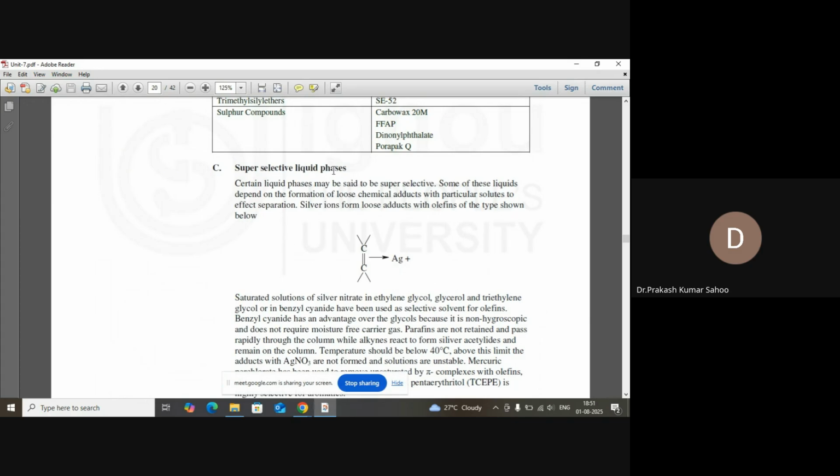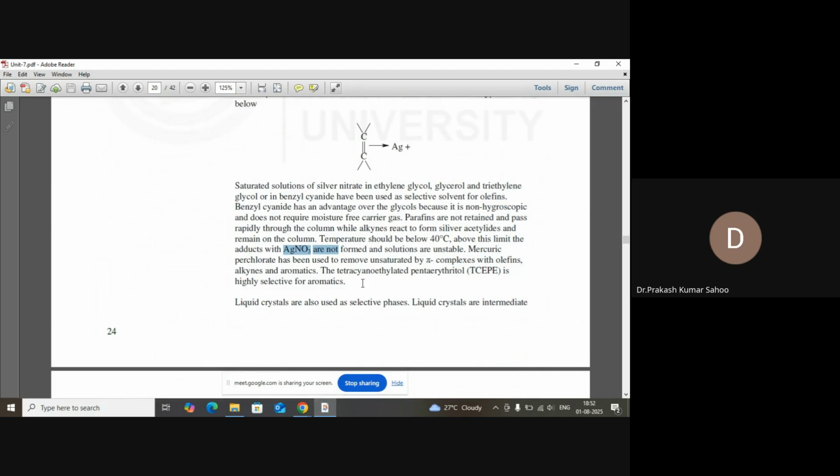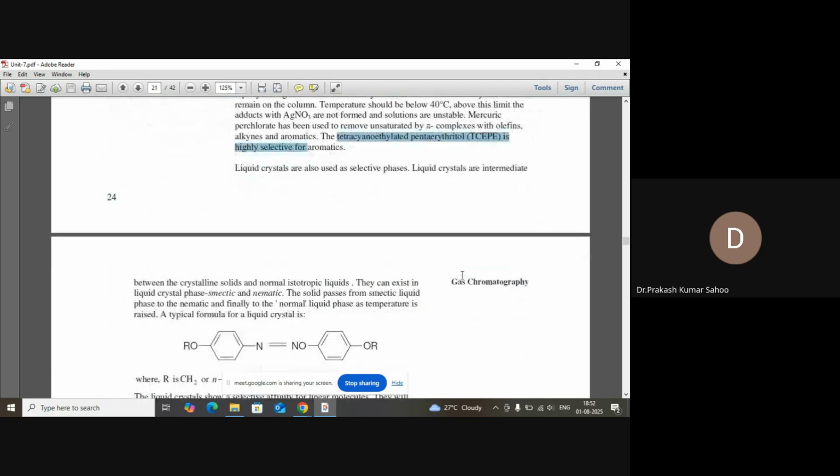The super selective liquid phase we have, then the alkene which is separated by using the silver ion, that is silver nitrate. And tetracyanoethylated pentaerythritol (TCEP) is also highly selective for aromatic compounds.